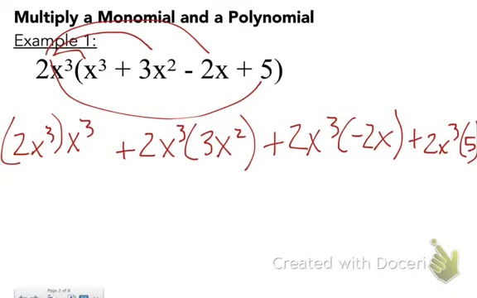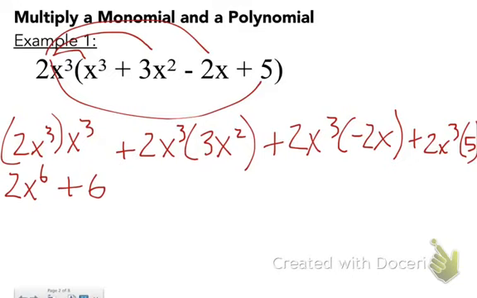Alright, and here this goes back to all our rules for exponents. So 2x cubed times x cubed becomes 2x to the 6th. Remember, we're adding exponents. Plus 2x cubed and 3x squared. 2 times 3 is 6.